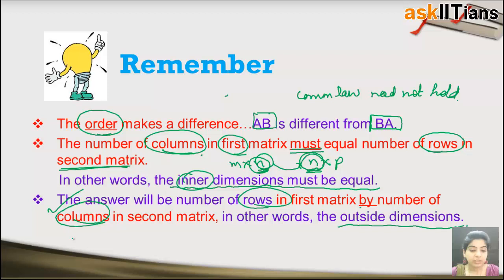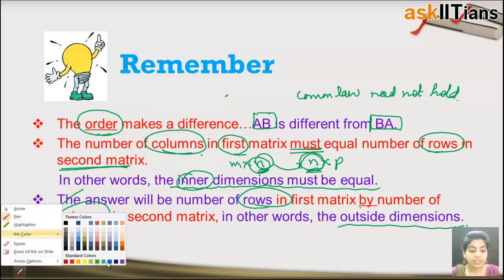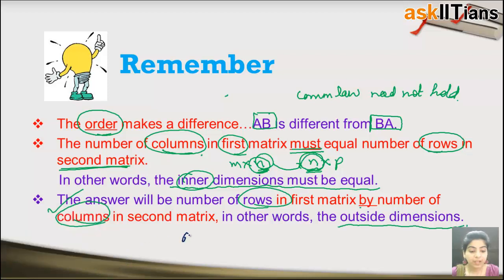Okay, what does this mean? This simply means that if I suppose have a matrix A of order M cross N, and I have a matrix B of order N cross P. This needs to be equal, right? And I perform the multiplication AB, then what would be the order of the resultant matrix? You can simply judge it from here itself. How?